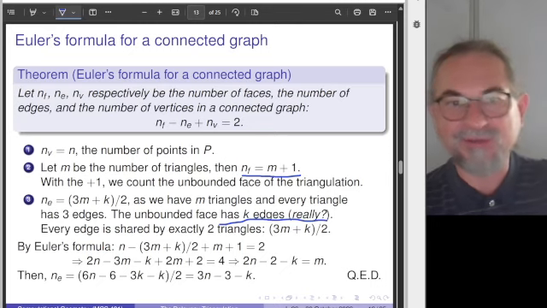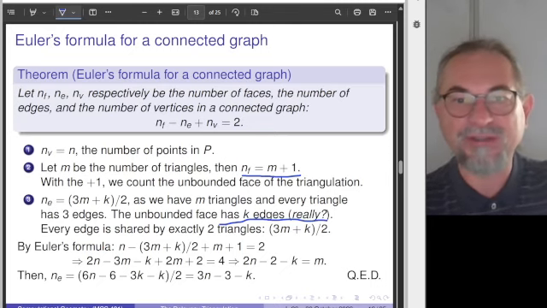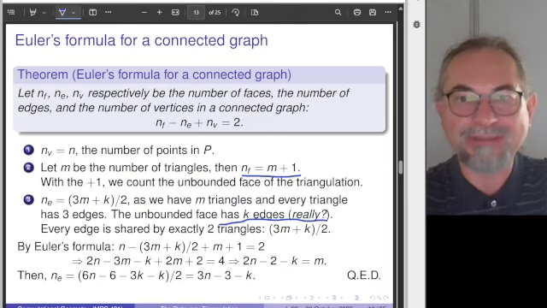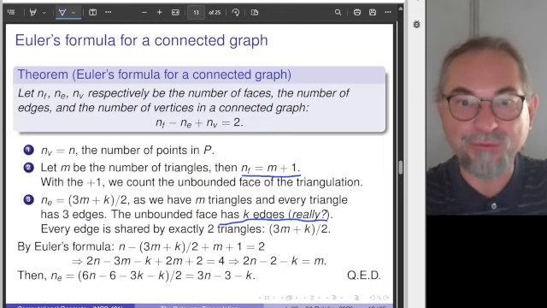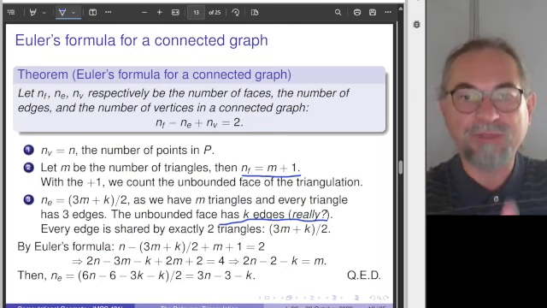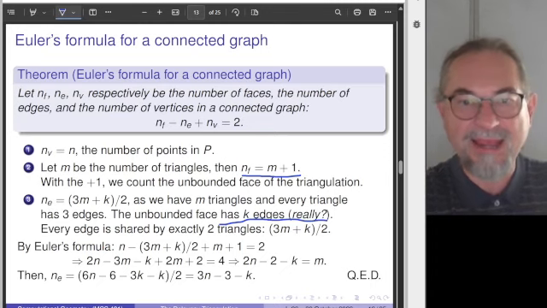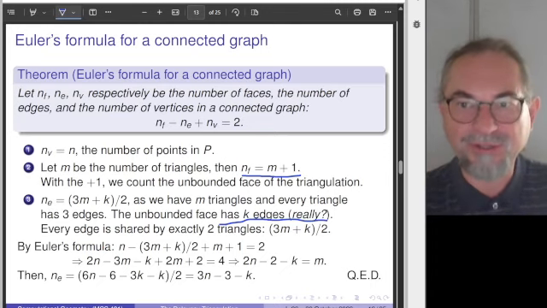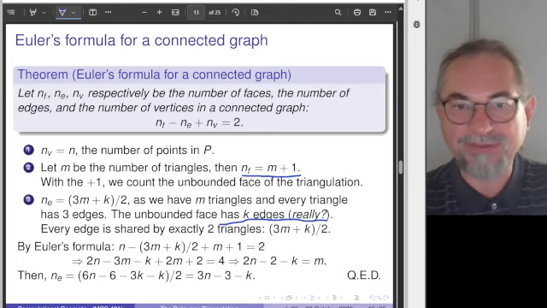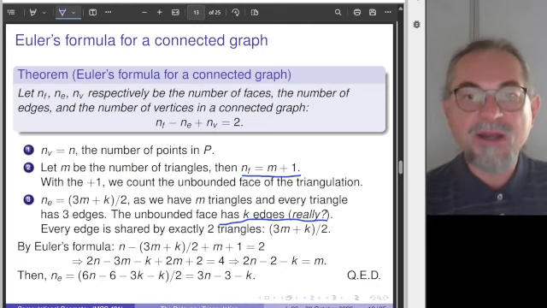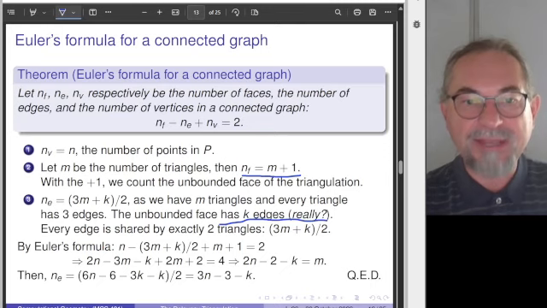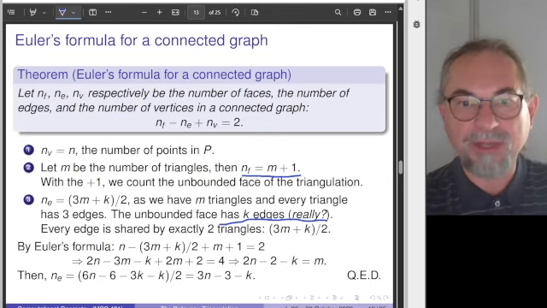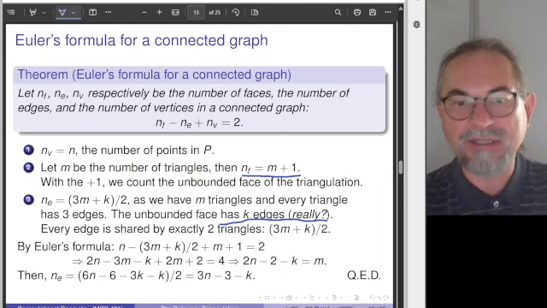You should go back to the previous slide, since the statement of what we're trying to prove is not on this slide. But we said that k is the number of edges on the outside. That's what you have to check. If we count it this way, we would double count, so that's why we divide by 2, because every interior edge is shared by exactly 2 triangles.